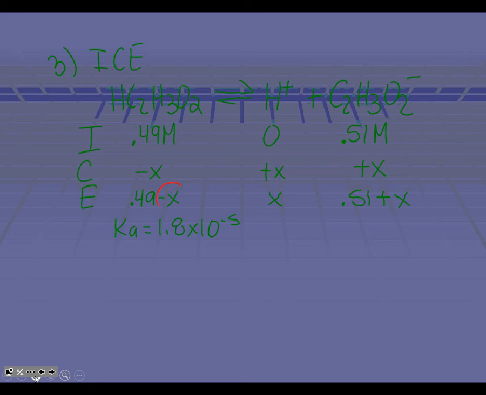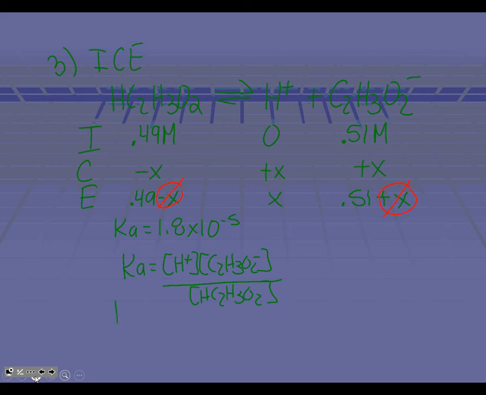Because it's a small k, we're going to be able to get rid of both the minus X and the plus X. Now it's just what you're used to doing. Ka is our hydrogen times our A minus all over our weak acid.